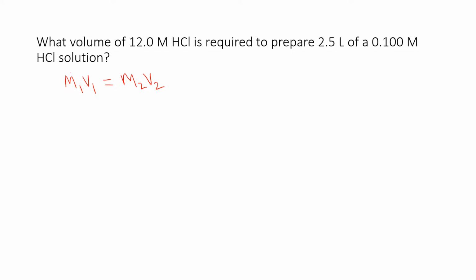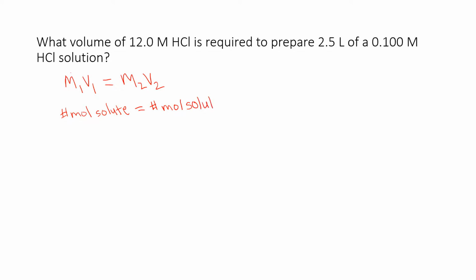Remember that the molarity times the volume in liters gives us the number of moles of solute, right? So the number of moles of solute for M1 V1 is going to equal the number of moles of solute for M2 V2.